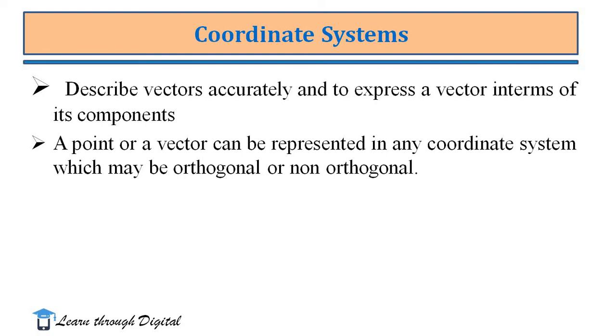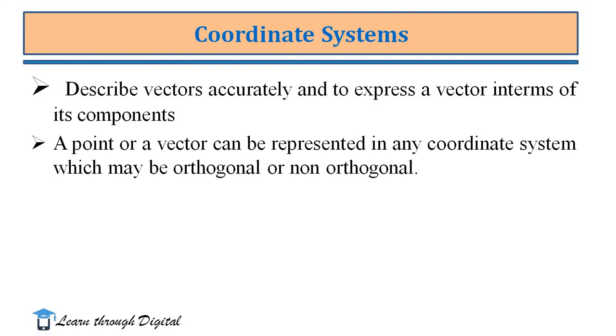So, from this, we could understand what the applications of coordinate system are. Next, we are going to start the Cartesian coordinate system. To describe a vector accurately and to express a vector in terms of its components, it is necessary to have some reference directions. Such directions are represented in terms of various coordinate systems.